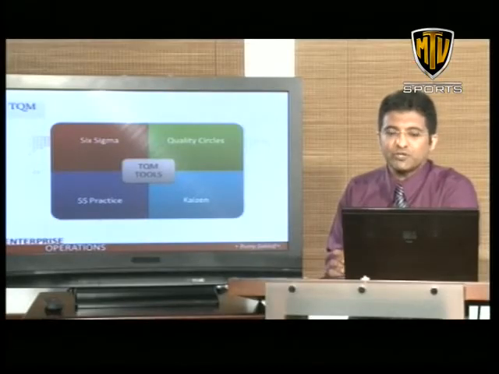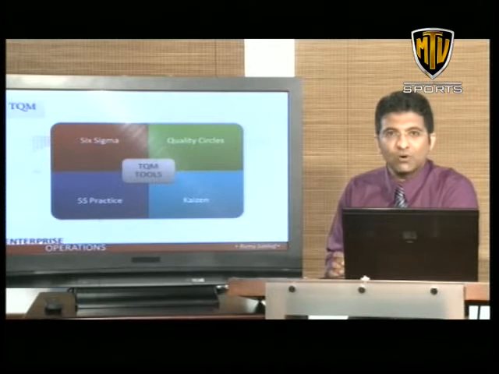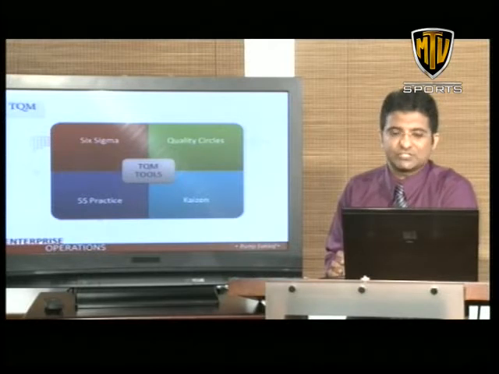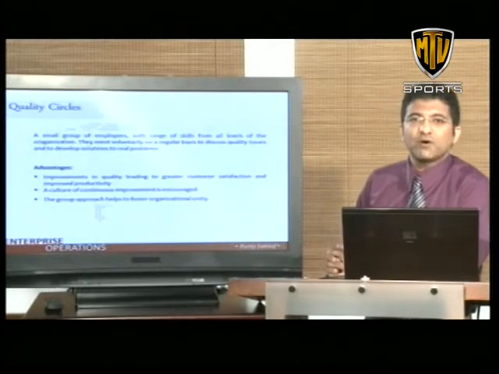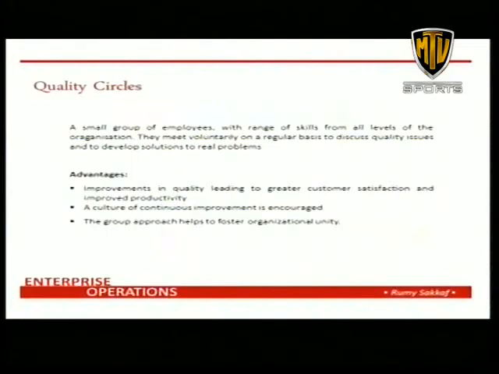So your attention to these tools is a must. You should know the differences, the advantages, and the features of these tools. Let's talk first about quality circles, one of the major tools in TQM.